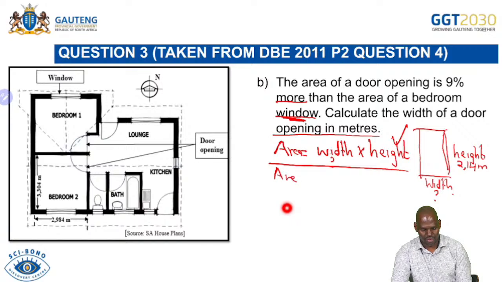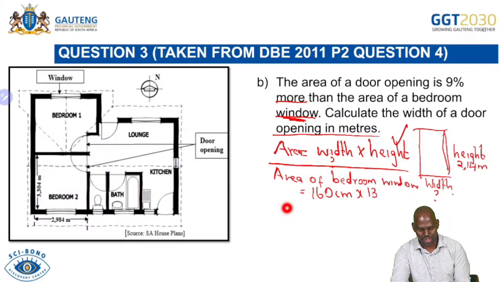Area of bedroom window: it's 160 centimeters multiplied by 130.